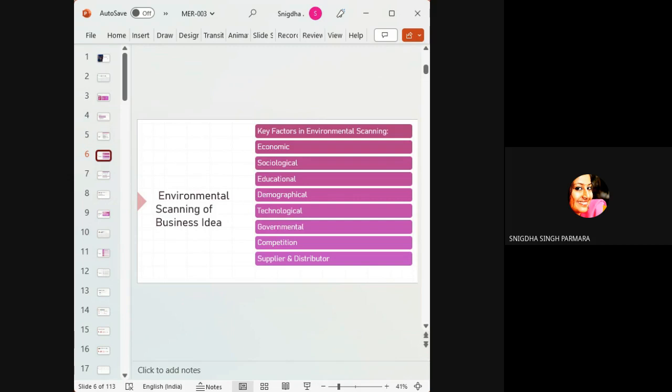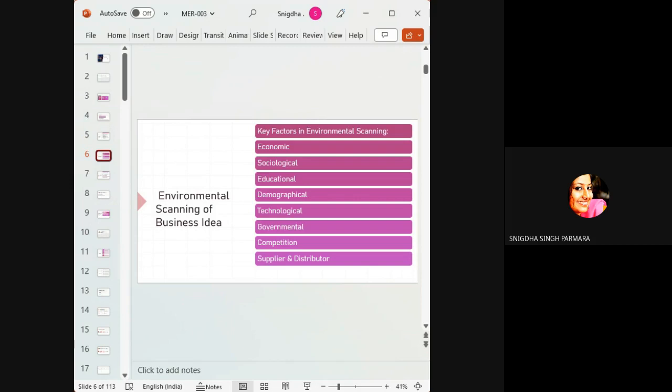Technological factors: whether there is upgradation of technology, or whether training and development programs are required so as to help the people get adapted to the newer technologies, whether continuous research and development is being undertaken or not.